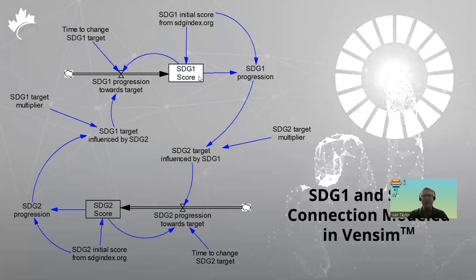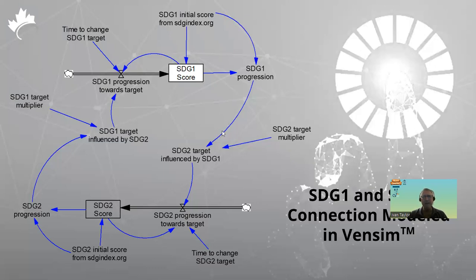And then if the SDG score increases, then we see a value of the progression that's greater than 1. That is, the progression is the current score divided by the initial score, which leads to a value greater than 1. And if the score goes down, then the progression is less than 1. So this can be either an improvement or a reduction, depending on how it relates to the initial value.